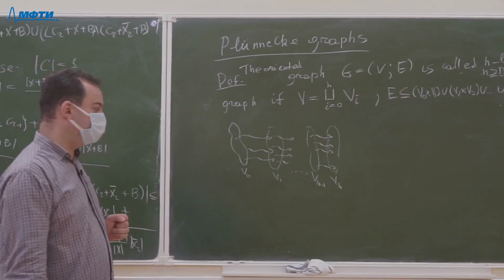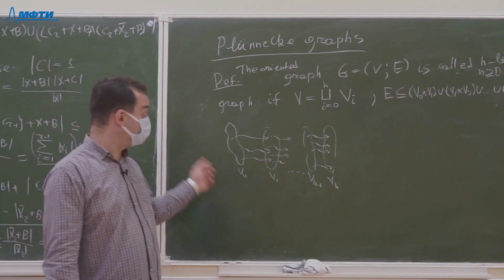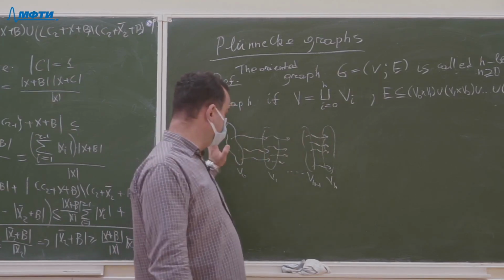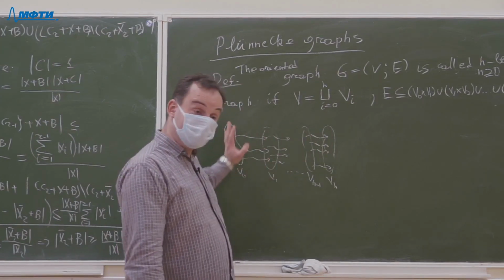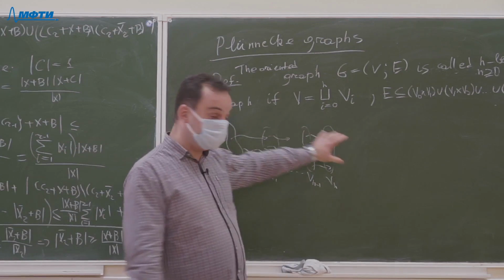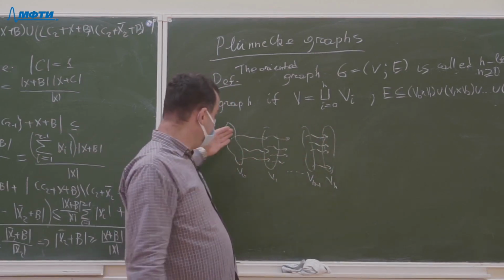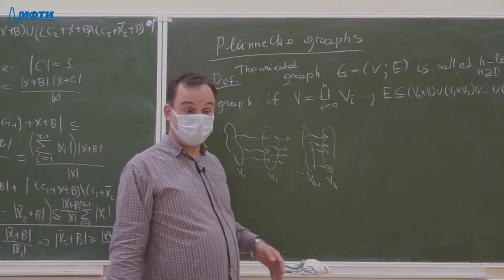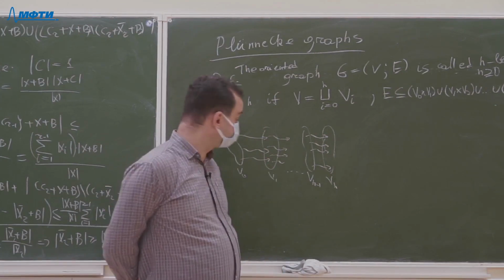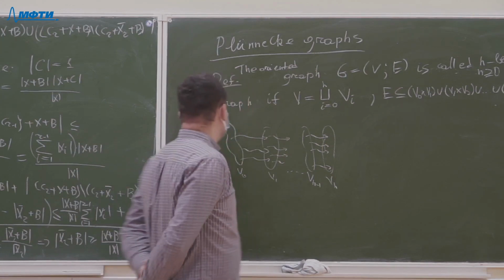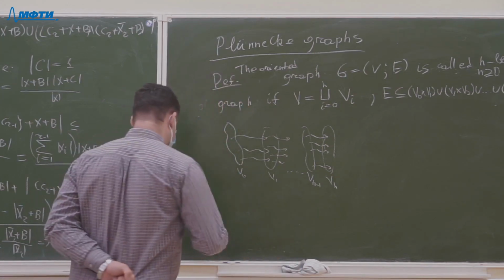This is an H-level graph, an oriented graph, in which we can split all the vertices onto levels, such that all the levels are non-intersecting and edges go in between consecutive levels. Good, right?